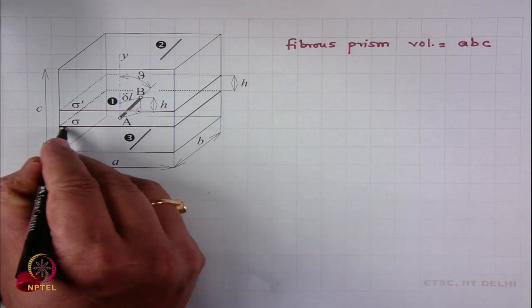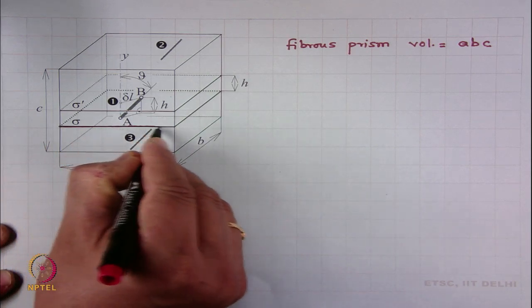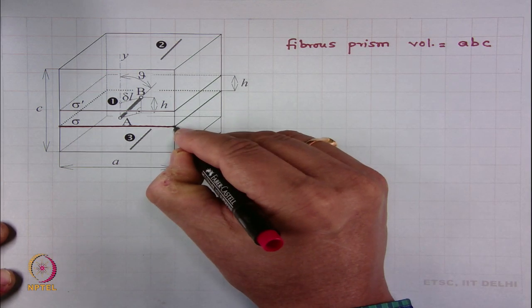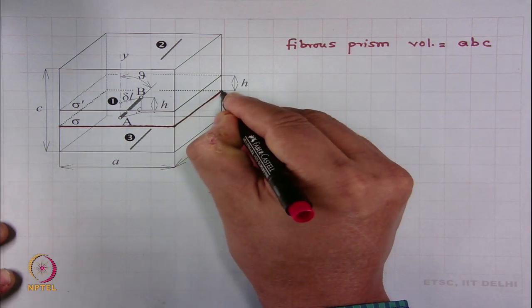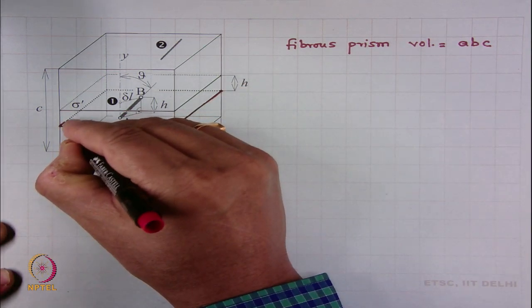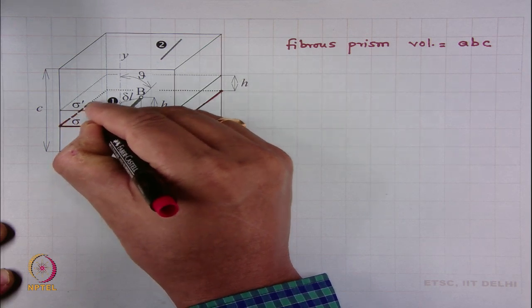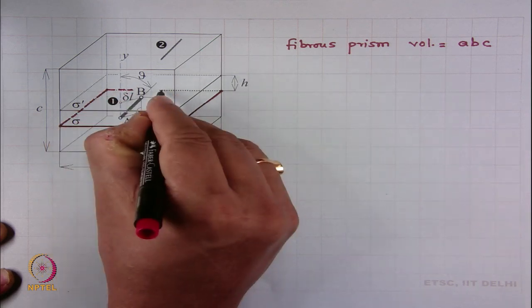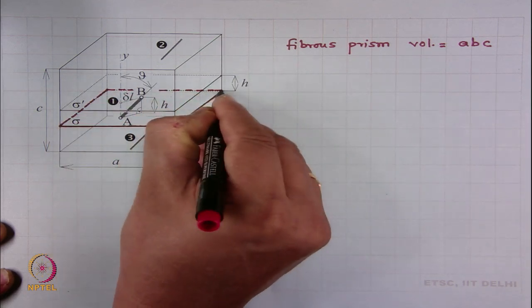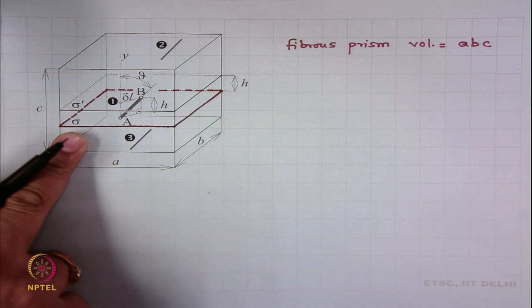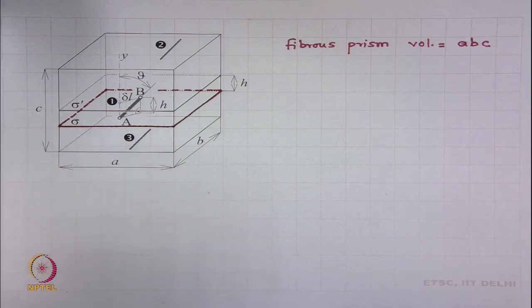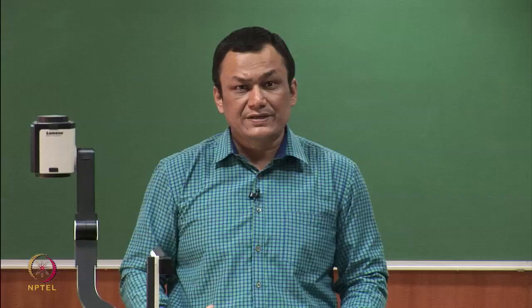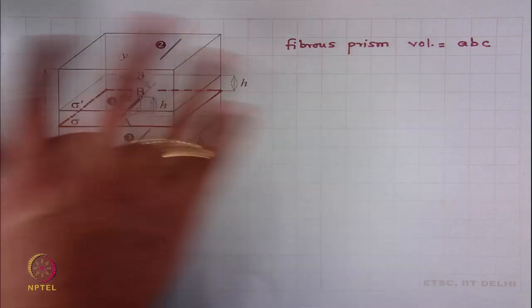The sectional plane, let us use red color for this sectional plane. We name this sectional plane as sigma, right. Now, there are numerous fibers or fiber segments present in this sectional plane.